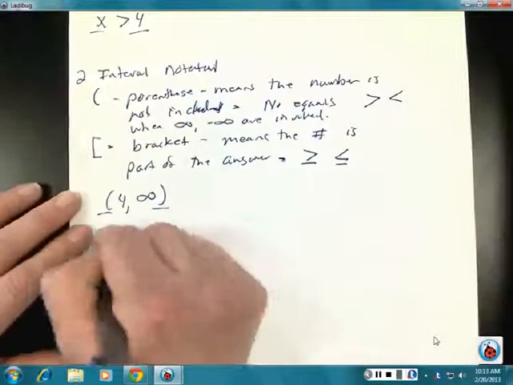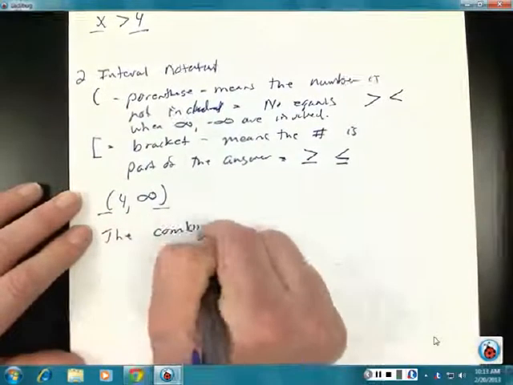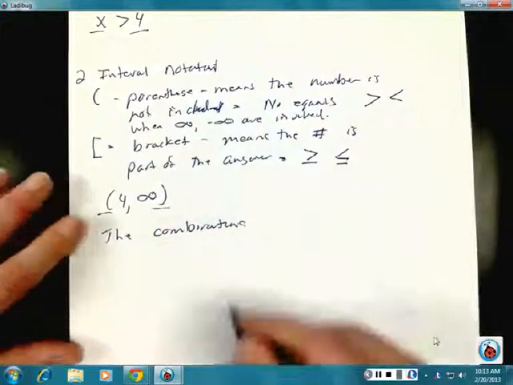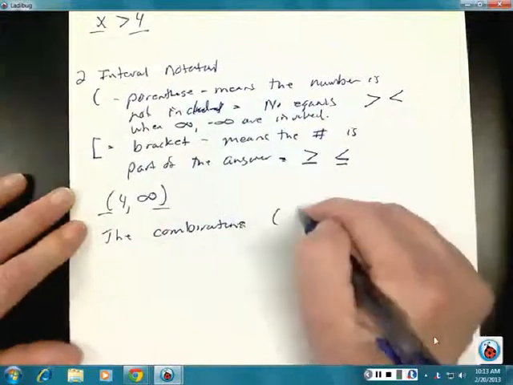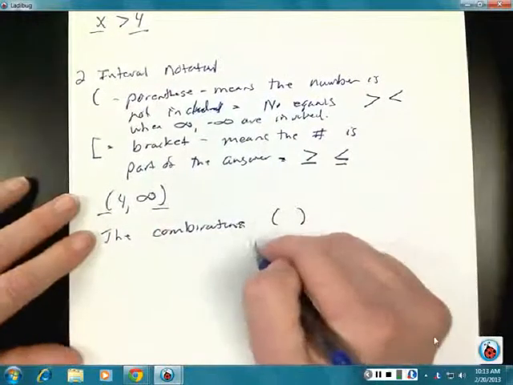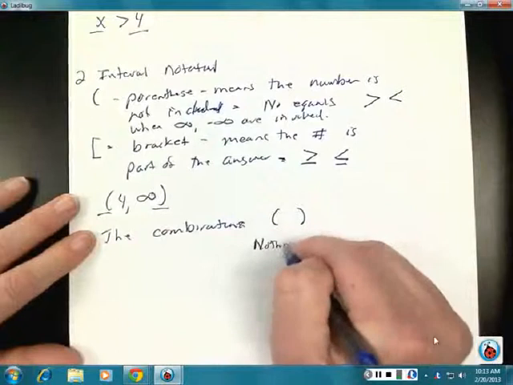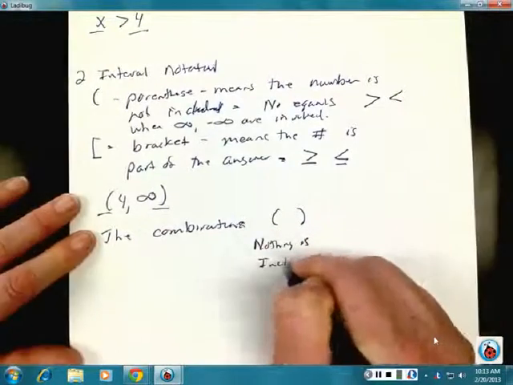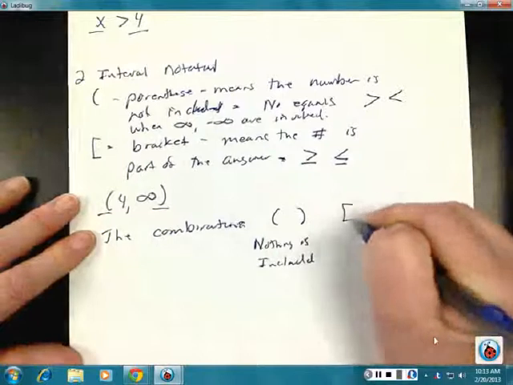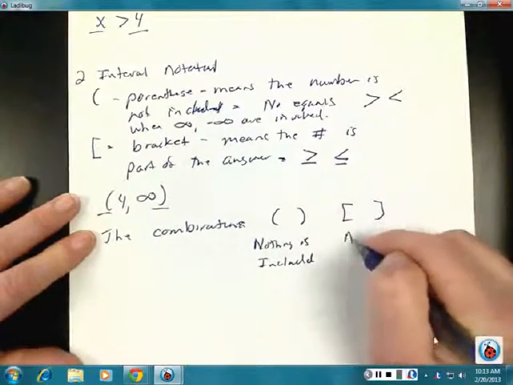The combinations that you can have with this are parenthesis, parenthesis, meaning nothing is included. A bracket and a bracket means all values are included.